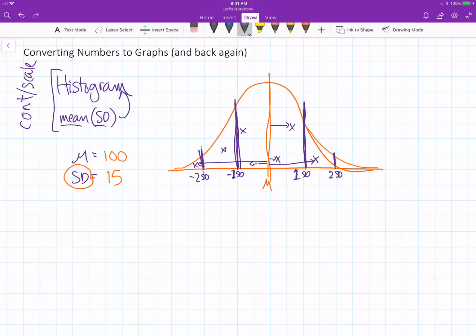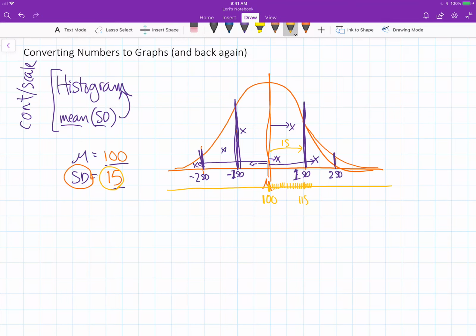And so if we were to add this information to the graph, what we end up with is that our mean is at 100. Here we have our scale going along. Here's our 100 point at the mean. And then at 115, we have 1 standard deviation because it's 15 above. This difference is 15.